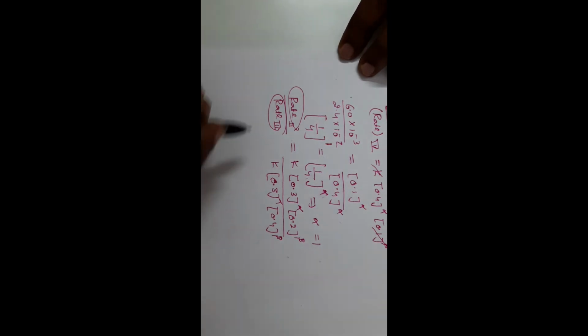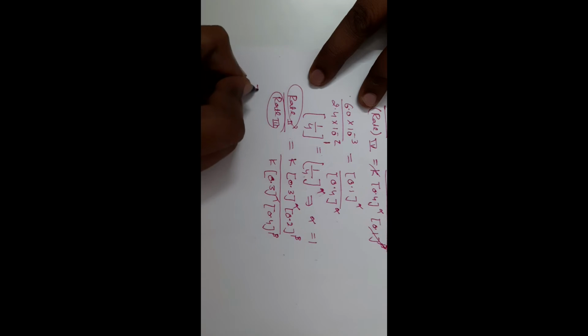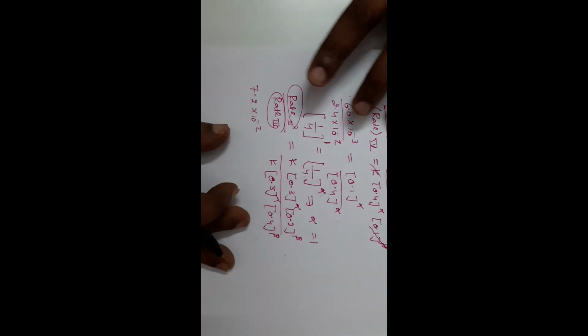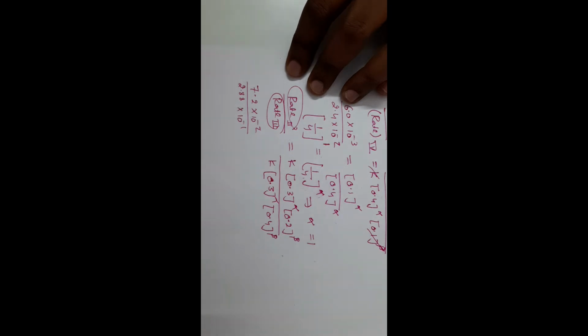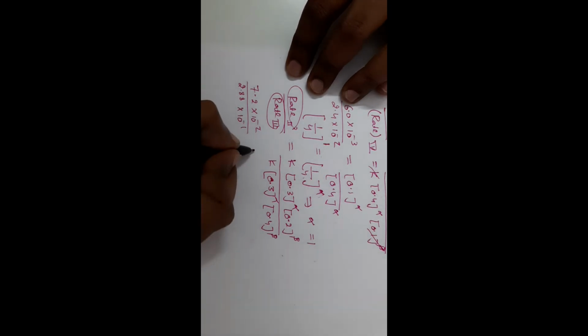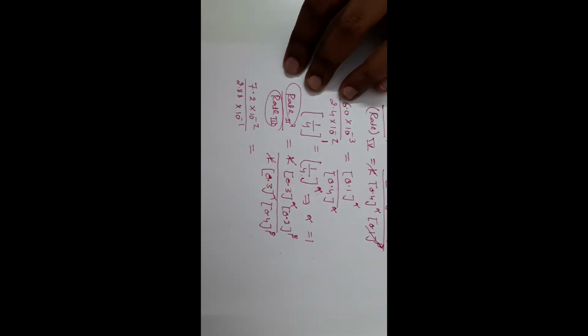Then what will you write over there? Rate 2 value is 7.2 into 10 raised to power minus 2, and rate 3 value is 2.88 into 10 raised to power minus 1. Clear? And same way, k is cancelled with the k.